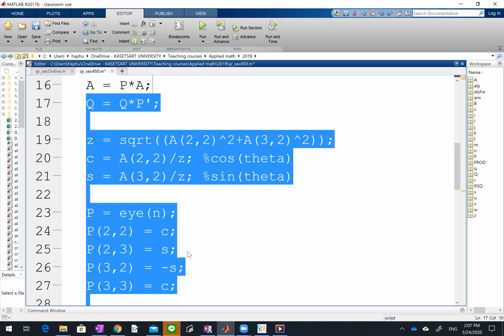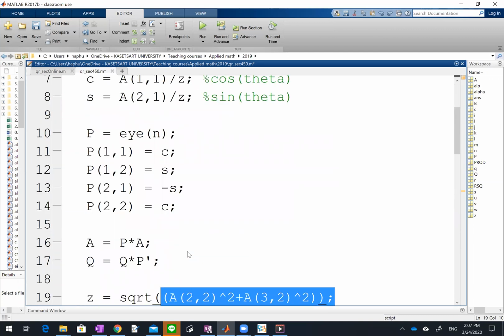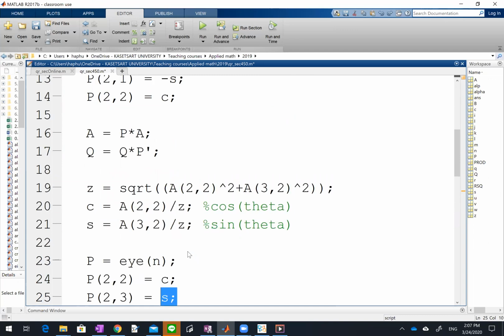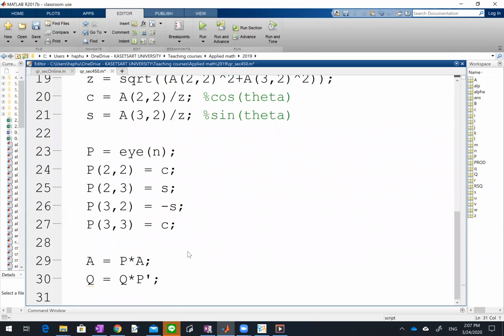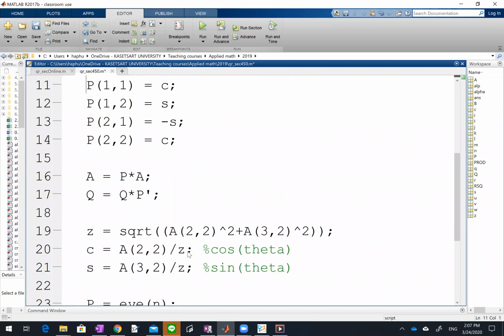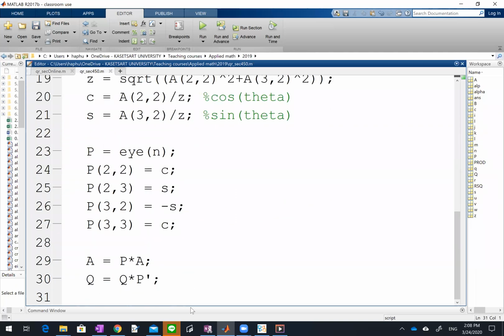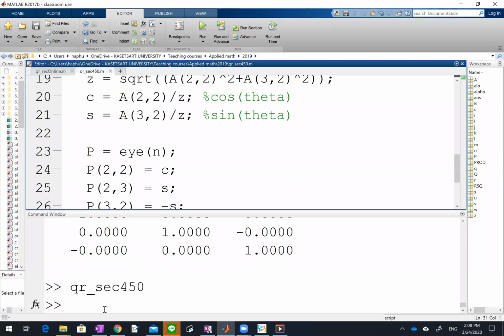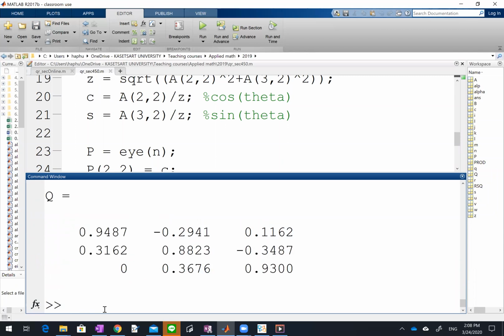This is the first round, and the second round I just want to delete. Okay. Let me run it again, I'm sorry. Okay, I'm running it again. And here, let me check A and Q. Okay, so now I have my A and my Q.